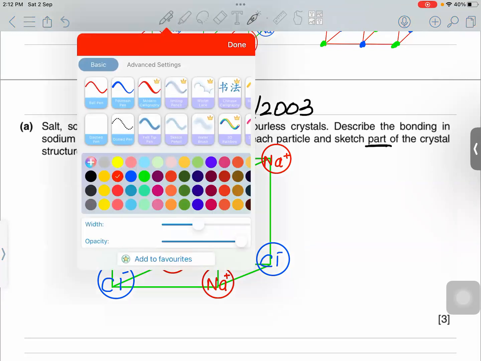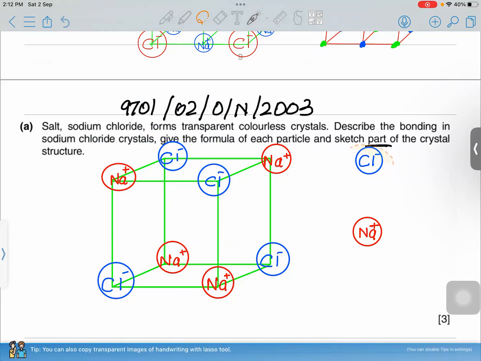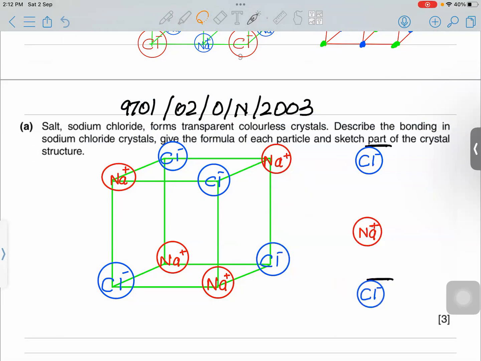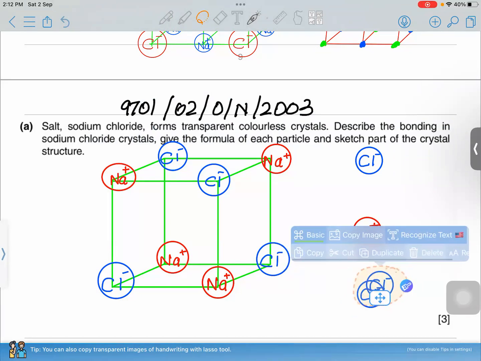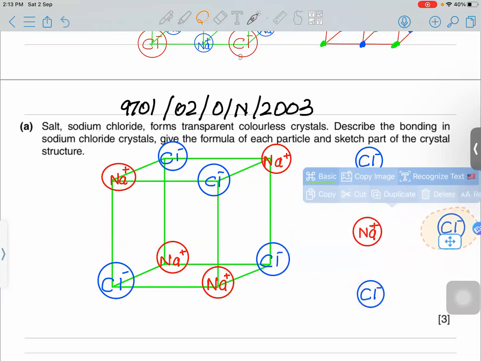You can see that one sodium positive is surrounded by 6 chlorine ions.